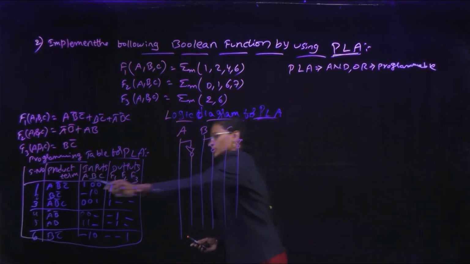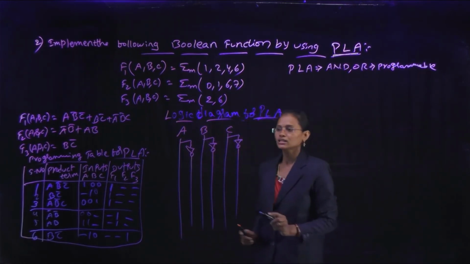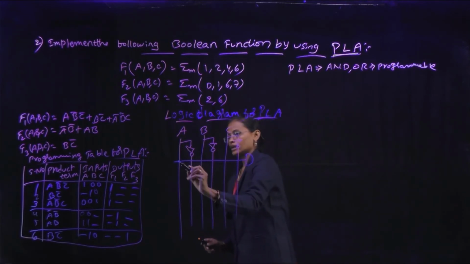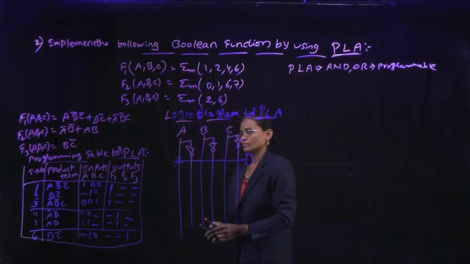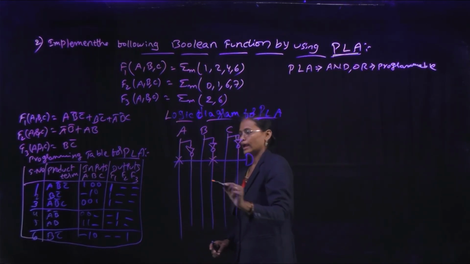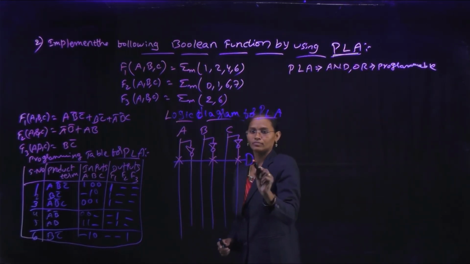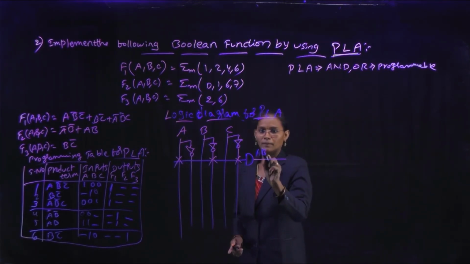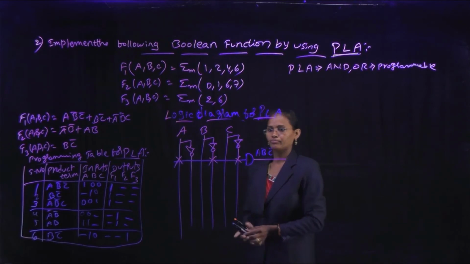Okay, the first product term is A B bar C bar. First, you draw the AND gate. Here, this is A and B bar and C bar. The output is A B bar C bar.